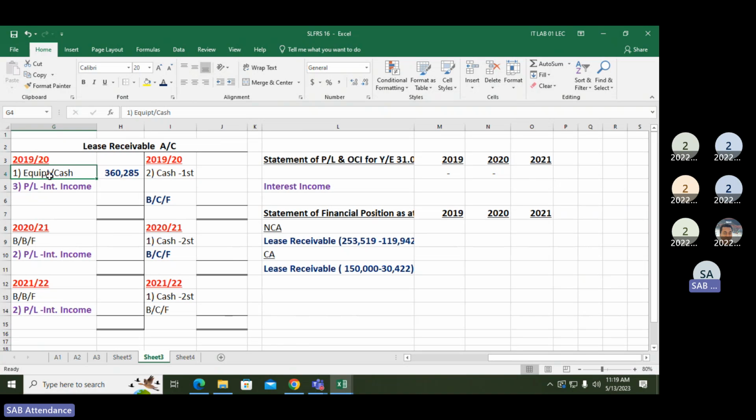Right? So anyway, that is your lease receivable, the net investment in the lease. Then at the end of the first year, we are receiving 150.